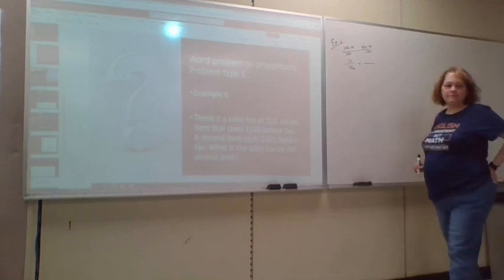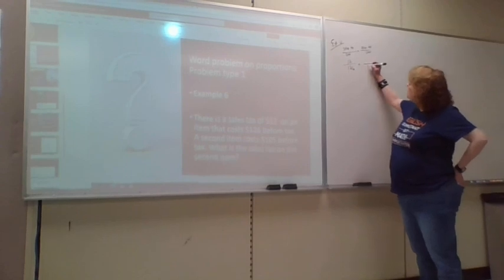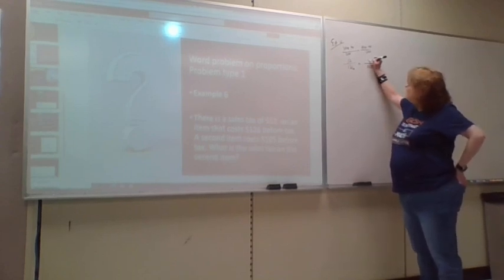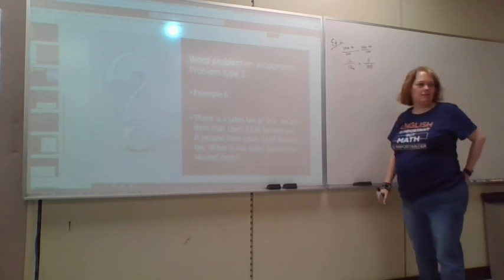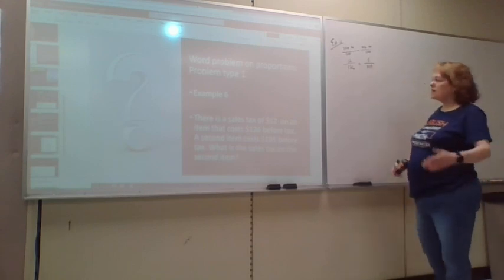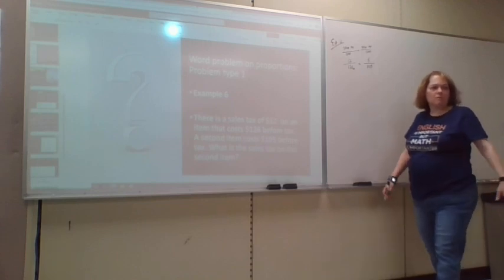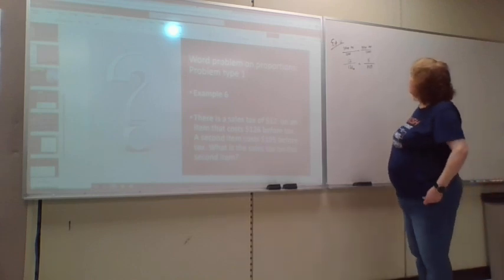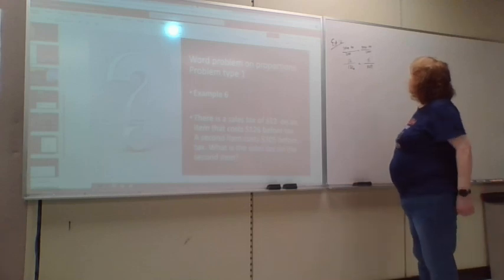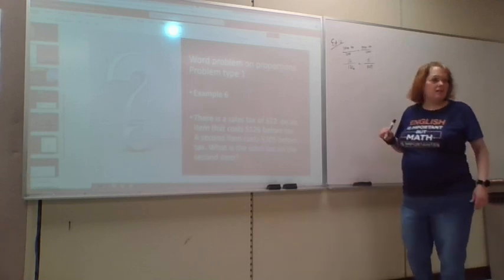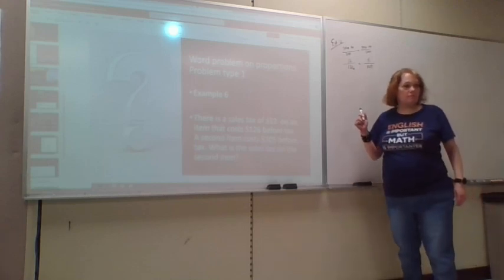Where am I going to put that? On the bottom. And what do I put on top? X. Or we can call it S for sales tax. It doesn't matter, it's just a variable. One of my other students said, what is X? I said, X is unknown until we find it in this problem.